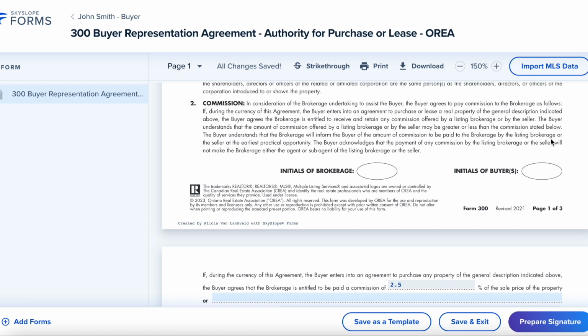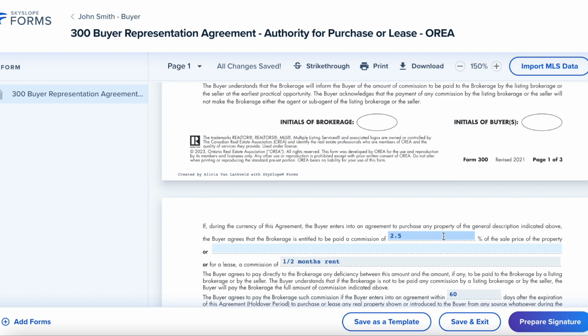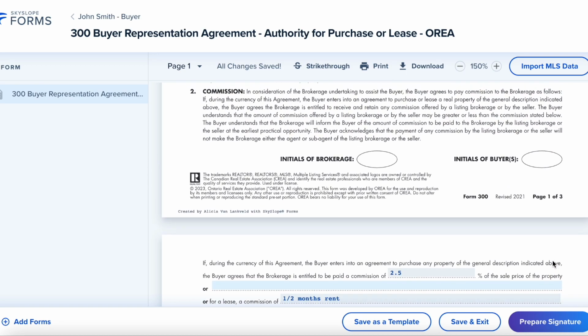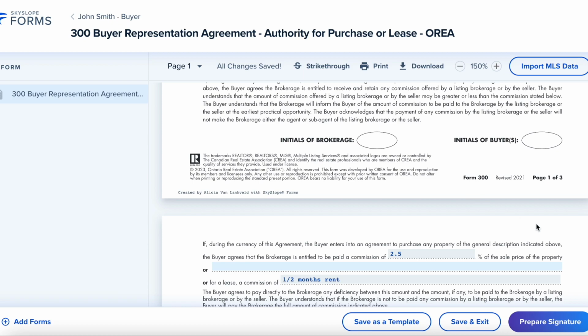When something like this happens, the buyer would be responsible if there's an agreement of 2.5% here, and let's say the commission is reduced to 2% in the contract from the seller, then the buyer would be responsible for this extra 0.5%. If, let's say, the buyer finds an off-market deal, a for sale by owner, and there is no commission agreement, then the buyer would be responsible for this 2.5%.